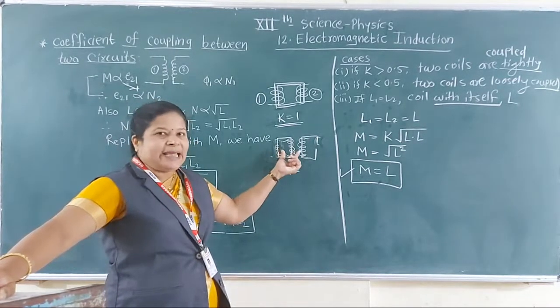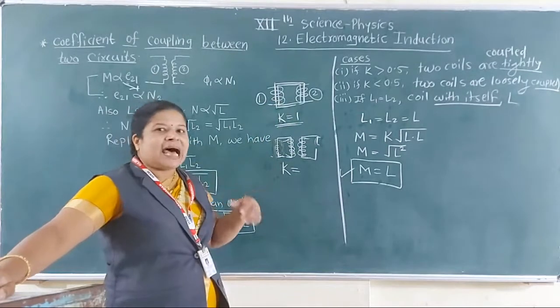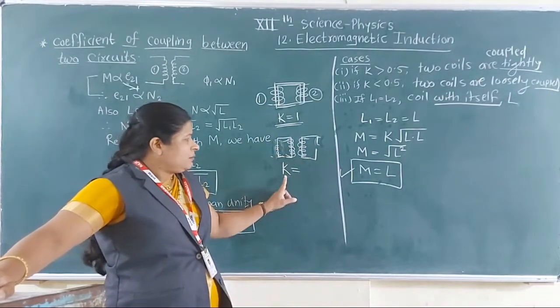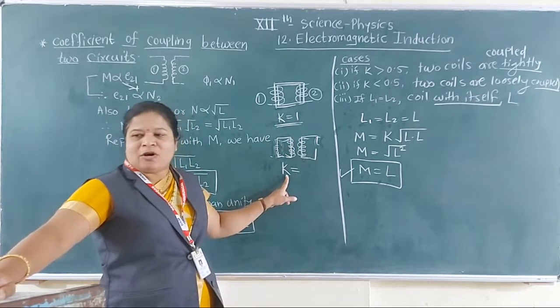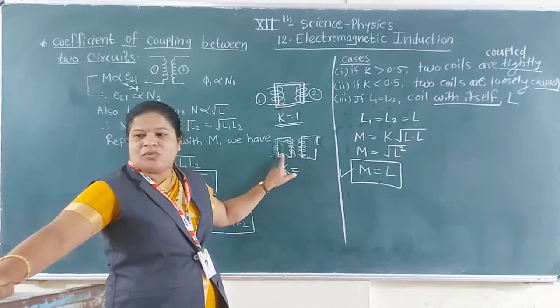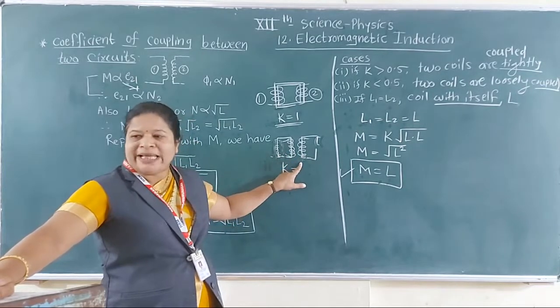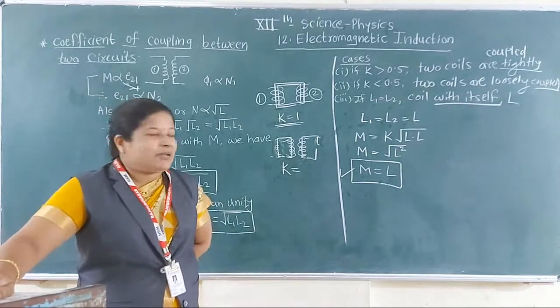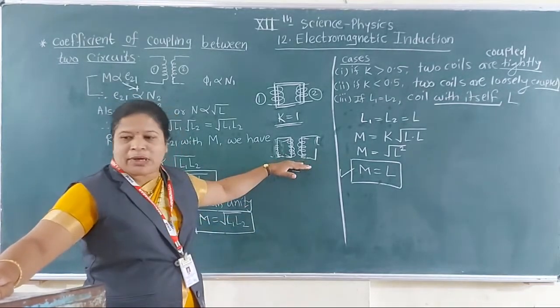It means in the second case, if these two coils are wound on a separate iron core, then the value of K depends on the distance between two coils and the angle between the axis of the cores.